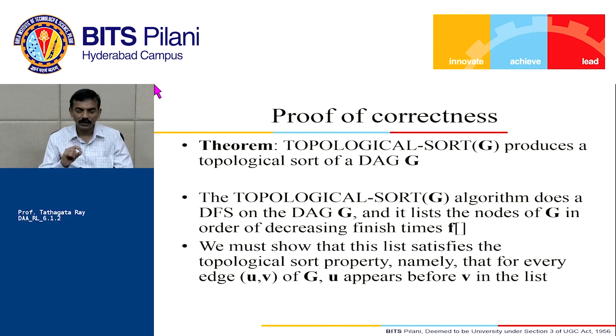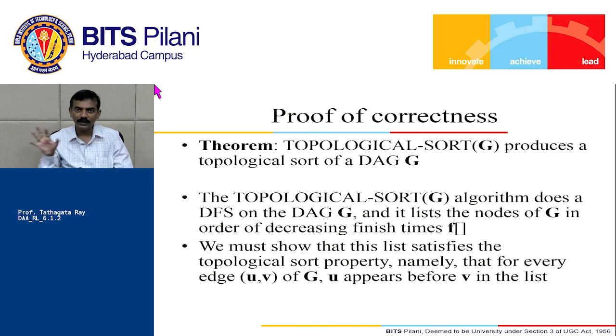What we must show is that this list satisfies the topological sort property, because for every edge uv of G, u must appear before v in the list.